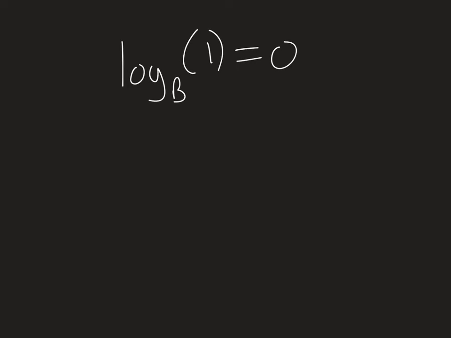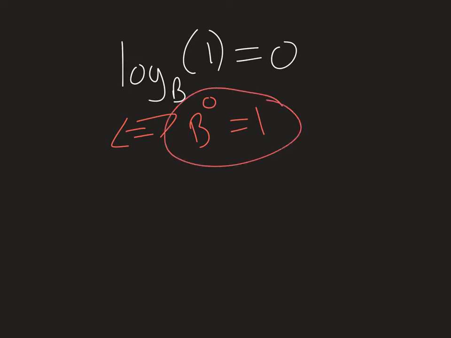For instance, log base b of 1 always equals 0, and this stems from an exponential law. If I was to convert this into an exponential equation, it would be b to the power of 0 equals 1. And this is an exponent law that is very familiar.